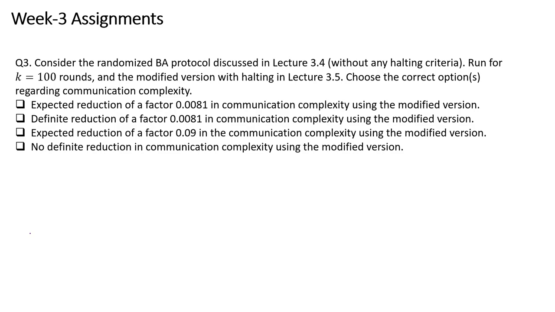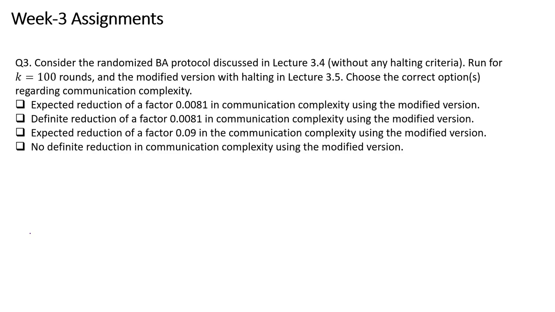Expected reduction of a factor 0.0081 in communication complexity using the modified version. Definite reduction of a factor 0.0081 in communication complexity using the modified version. Expected reduction of a factor 0.09 in the communication complexity using the modified version. No definite reduction in communication complexity using the modified version.